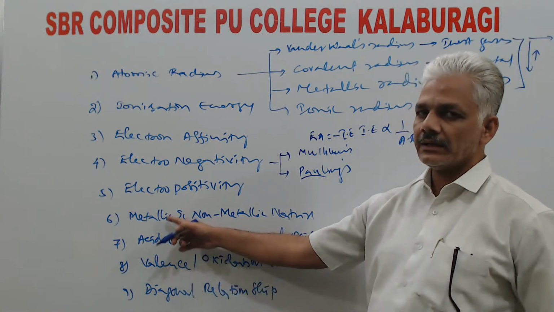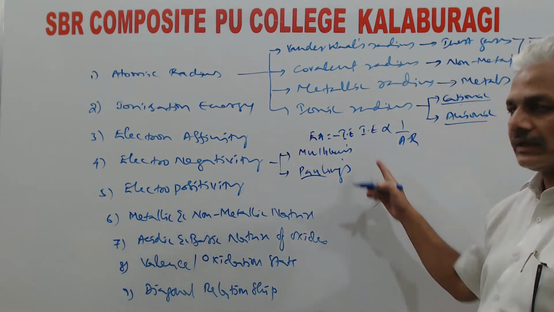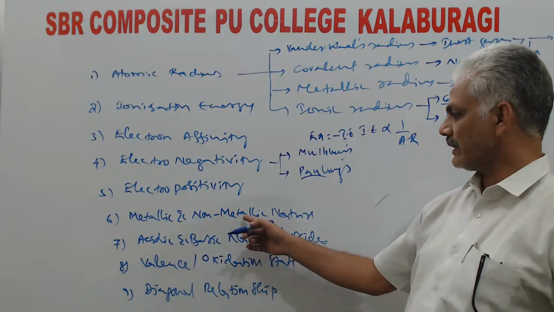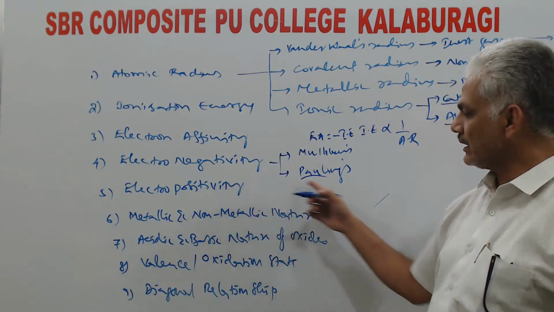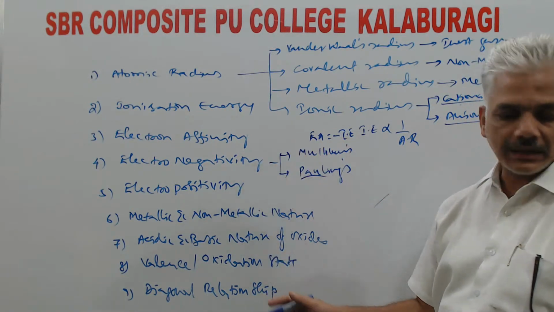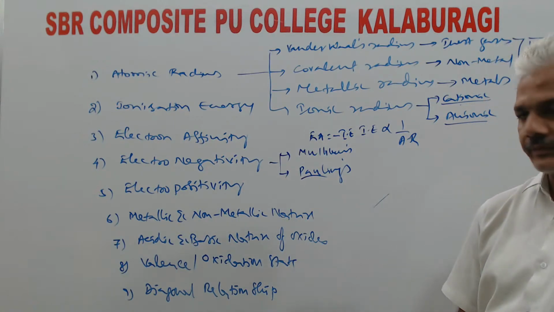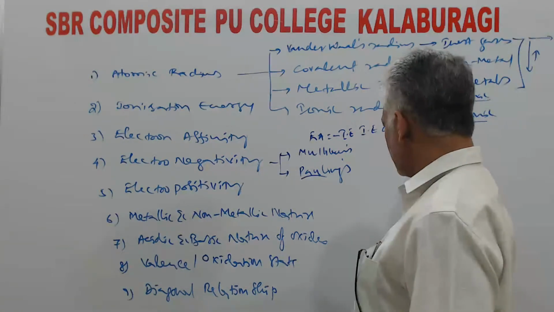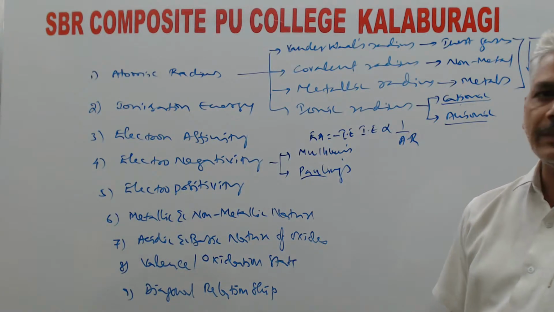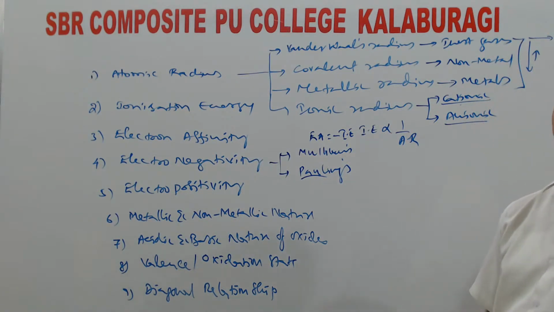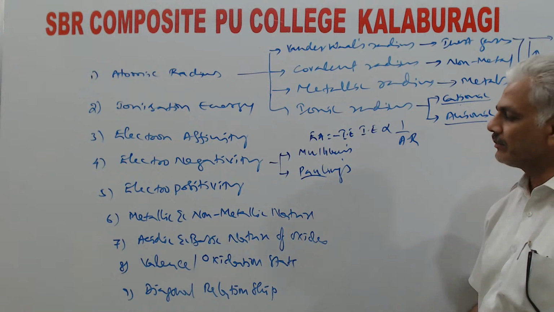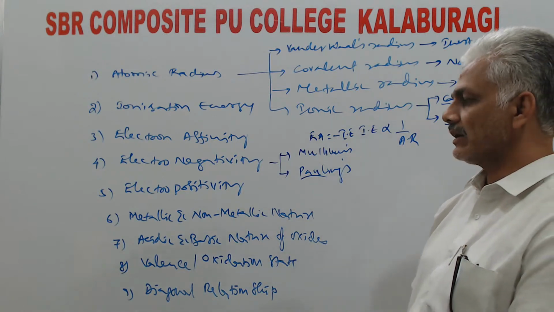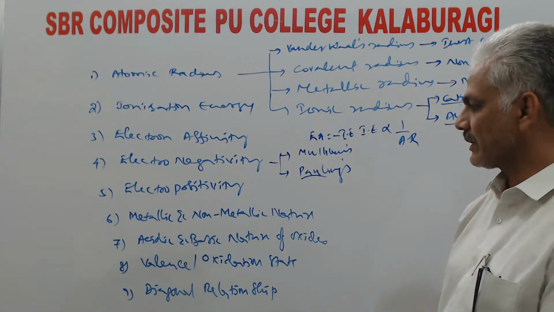So, metallic character decreases along a period, increases down the group, whereas non-metallic character increases along a period and decreases down the group. So, if the values are in between, that element will be called as semi-metal or metalloid. In the periodic table, there are a total of 5 metalloids.